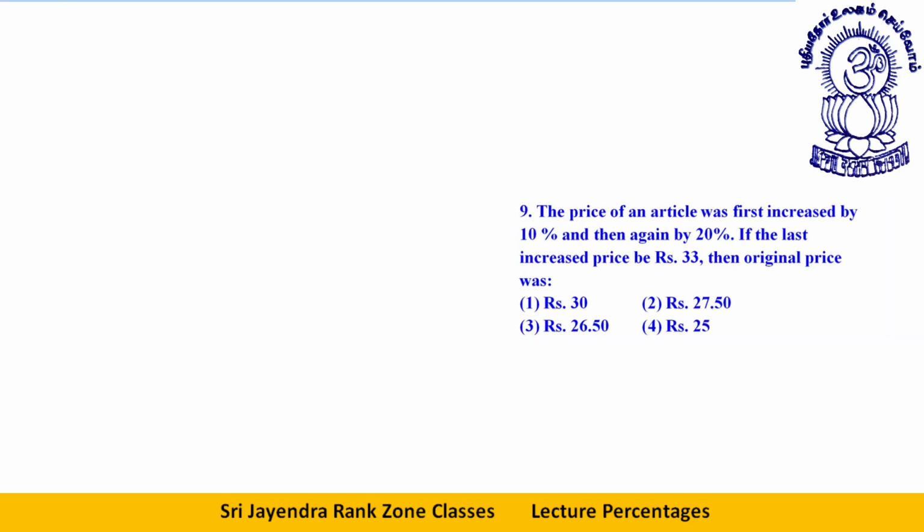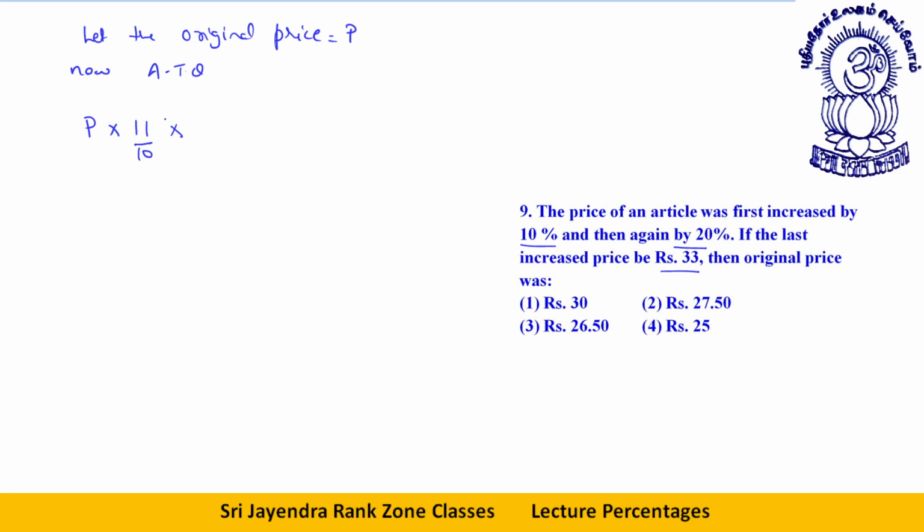See, the next question is the price of an article was first increased by 10% and then again by 20%. If the last increased price be rupees 33, then the original price was, let the original price that we need to find be P. Now, according to the question, this P when multiplied by the first 10% increase, you can say 1.1, or 11 by 10.